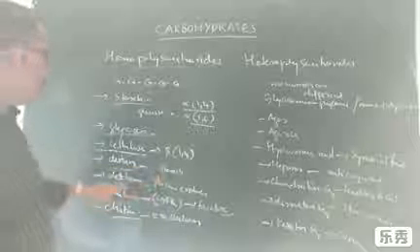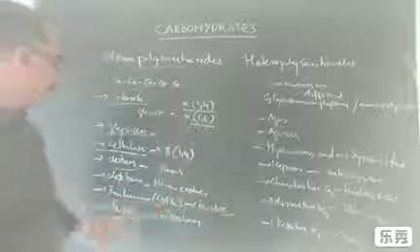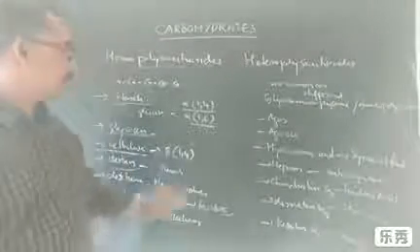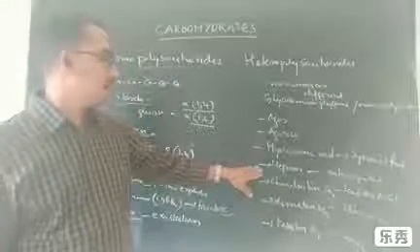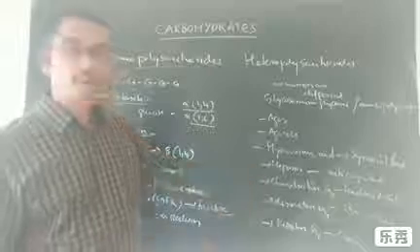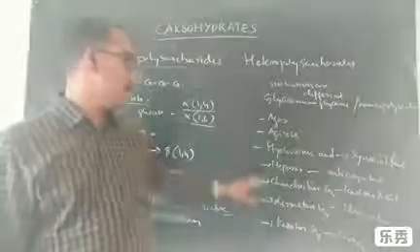Dextrin is a degradation product of starch. Dextran is a plasma expander. Inulin is used to measure glomerular filtration rate. Chitin is present in the exoskeleton of insects. Then agar is a suspending agent. Hyaluronic acid is present in synovial fluid. Heparin is used as an anticoagulant. Chondroitin sulfate is present in tendons, cartilages and bones.